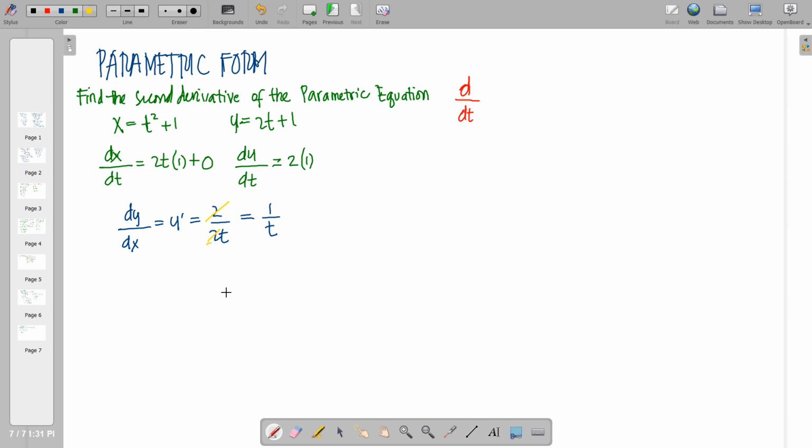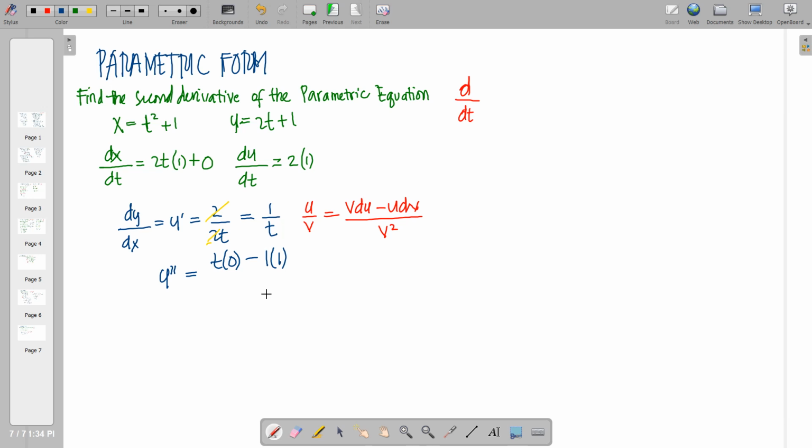And then from here, we derive it again with respect to x, becomes y double prime. So this is in the form of v du minus u dv all over v squared. v du is obviously t times 0 minus u times dt all over dt.